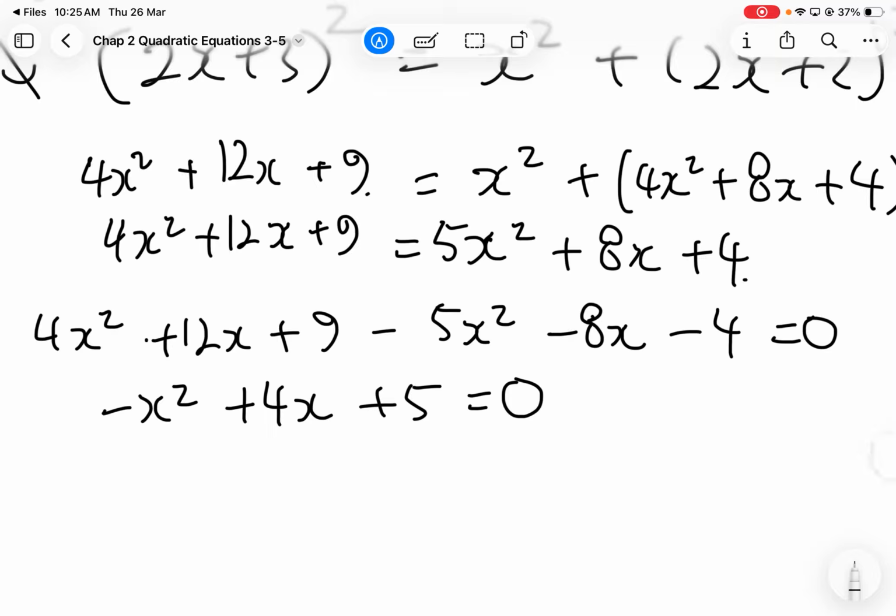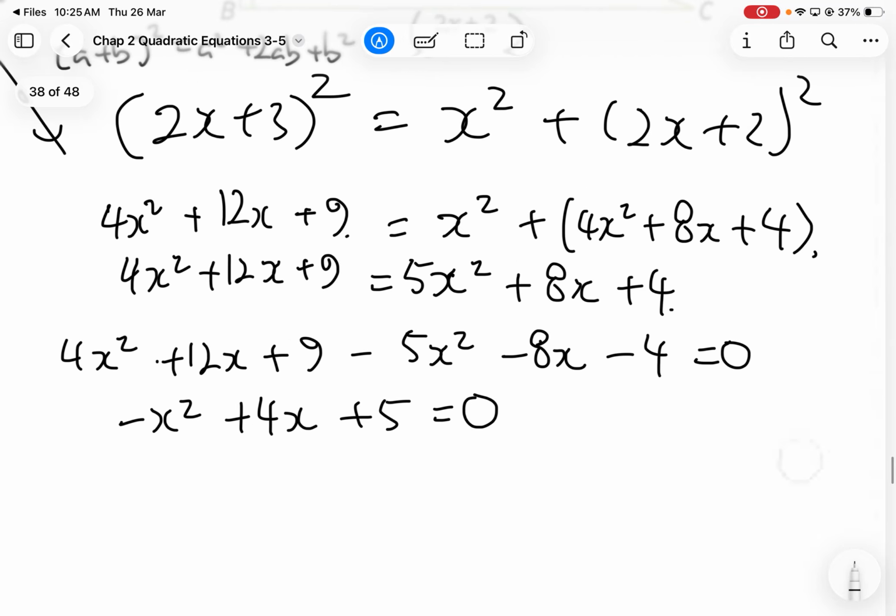So I simplify, then I will have 4x squared minus 5x squared, so minus x squared. Why is it 5x squared? On the right hand side, after I expand. I haven't reached the answer yet.